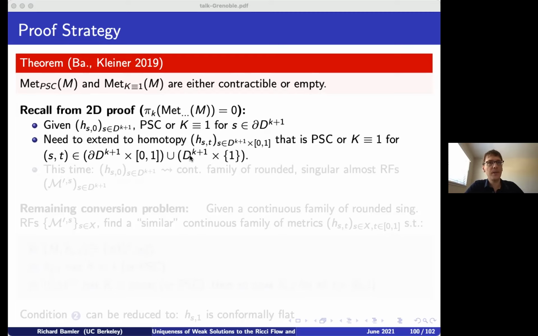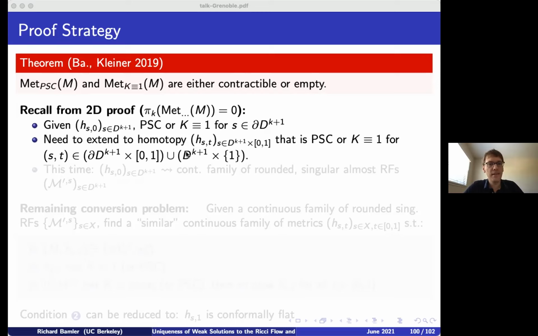So what does this mean? Well, maybe let me talk about this guy here first. Whenever t is equal to 1, then h_{s,1} should always have constant curvature, which just means that our Ricci flow converges to a constant curvature metric for every s. Okay?